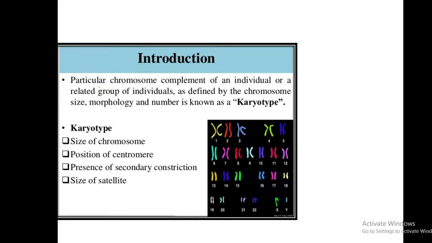The chromosomes of an individual are arranged according to their size, and that is known as karyotype.